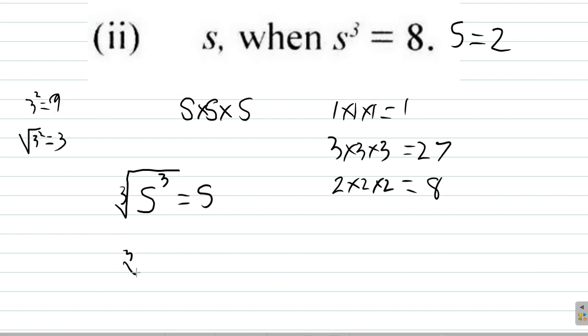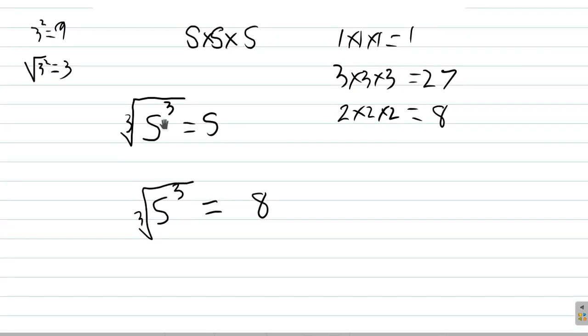So if you say x cubed equals 8, now the cube root of x cubed will give you x.